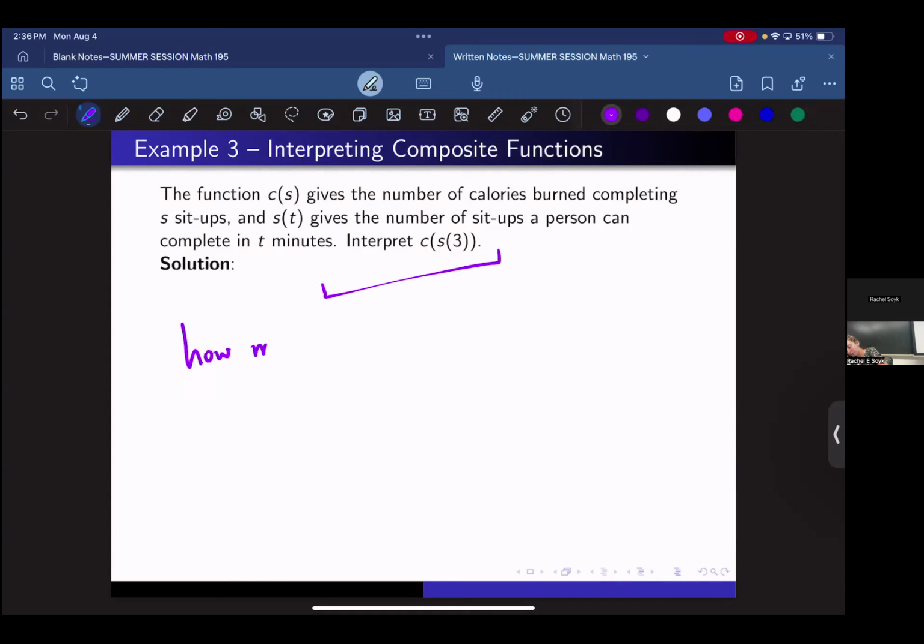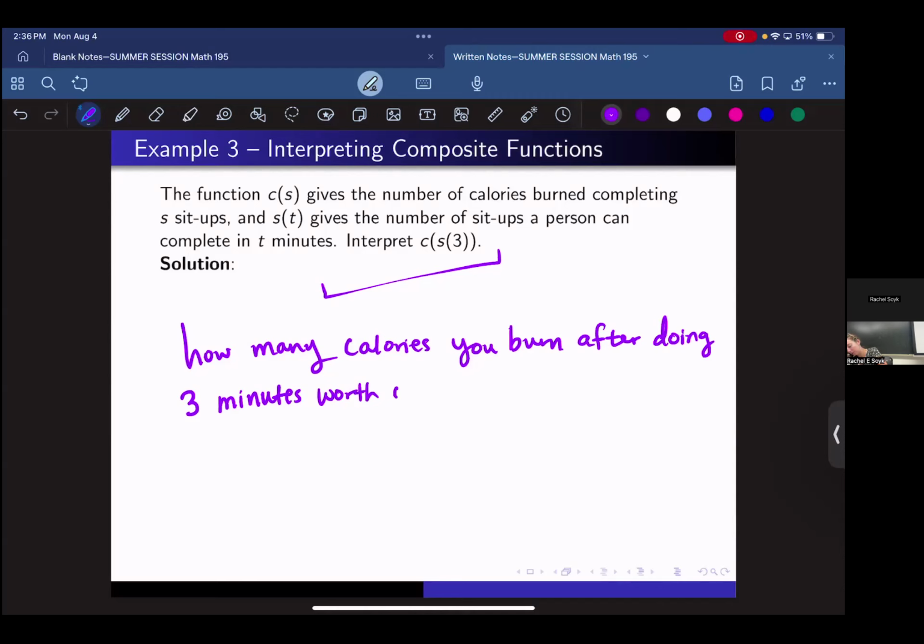How many calories do you burn after doing 3 minutes worth of sit-ups?